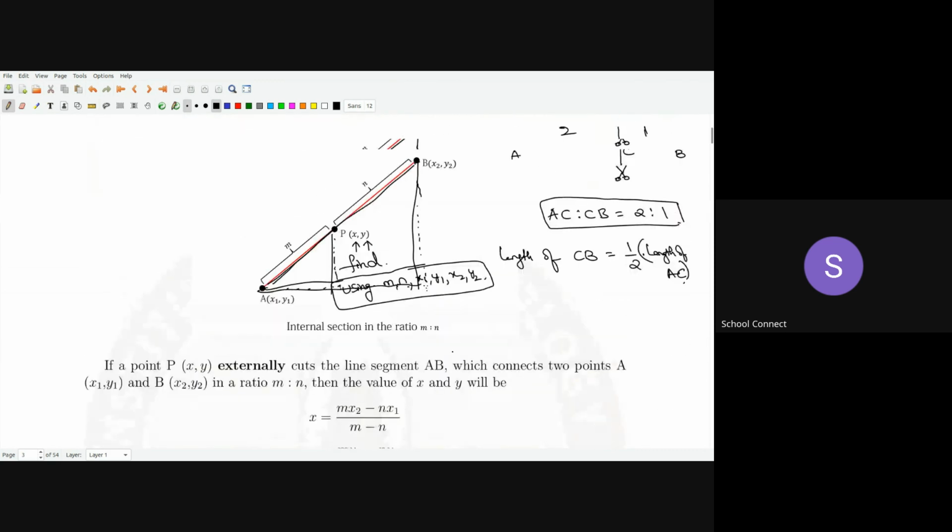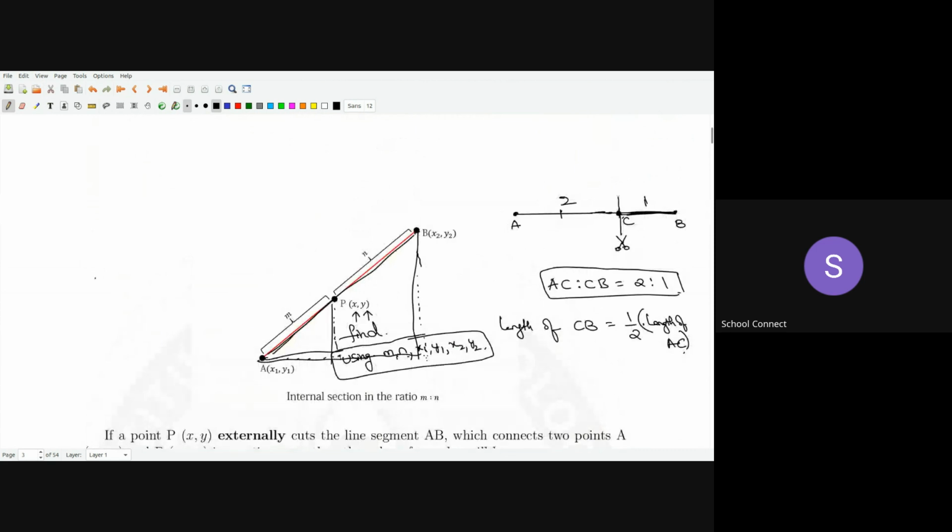So what is this doing? If you want to write the x coordinate of this point, this m multiplies with this x2, this n multiplies with x1, that will be your numerator, m times x2 plus n times x1, divided by, so how many parts you divide that big line, that will be m plus n.